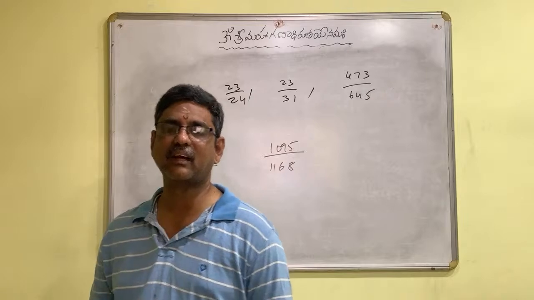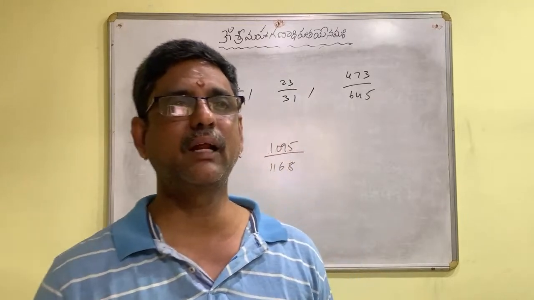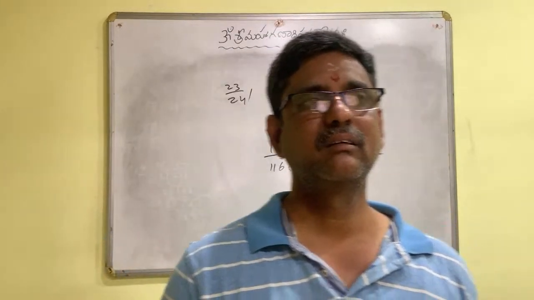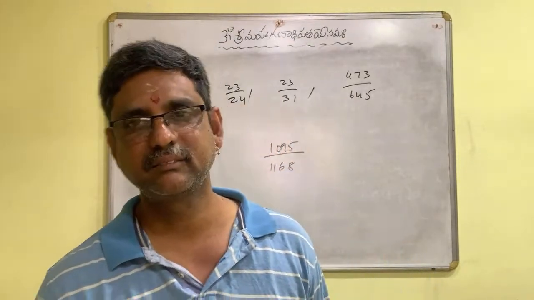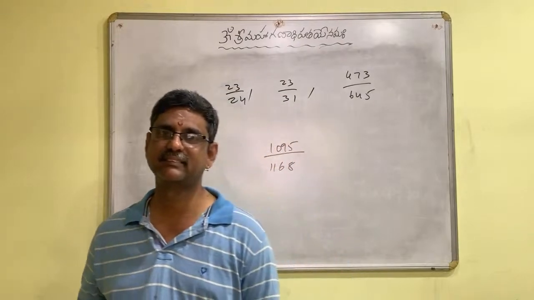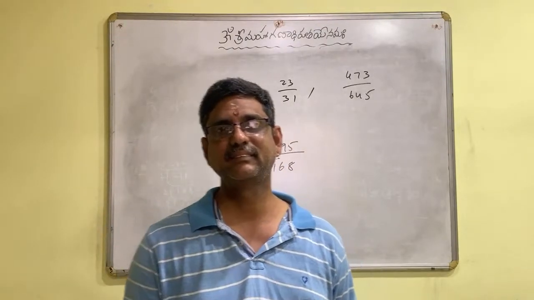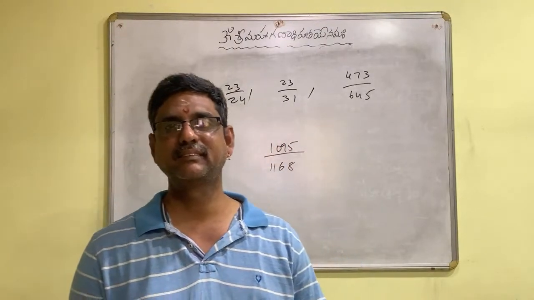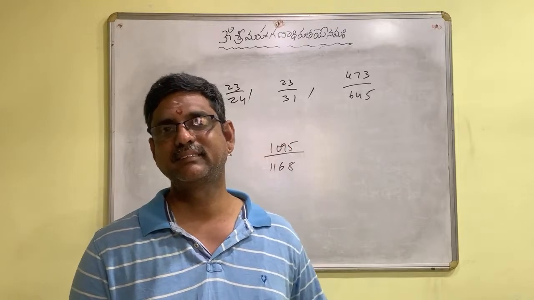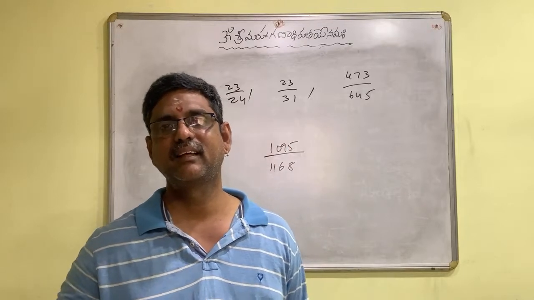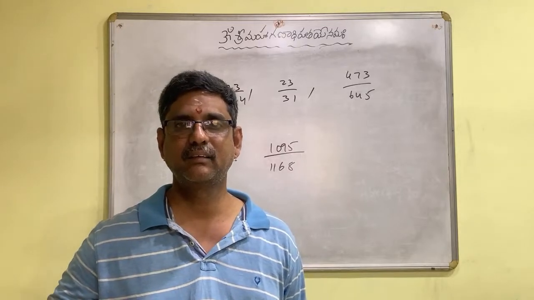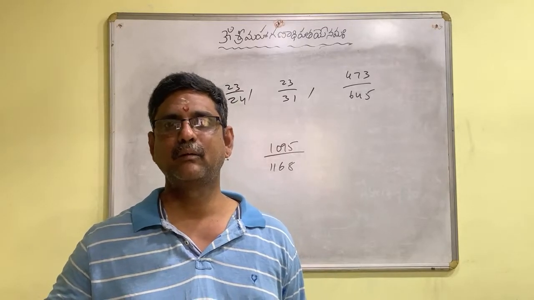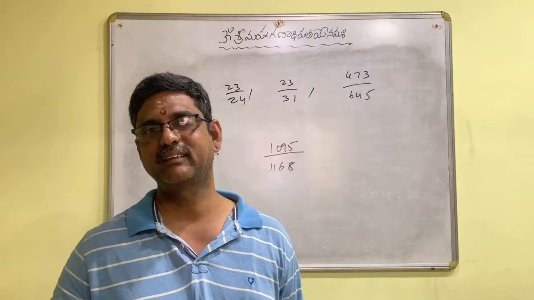So how do you know that both the numbers are divisible by 43? Prime factorization?